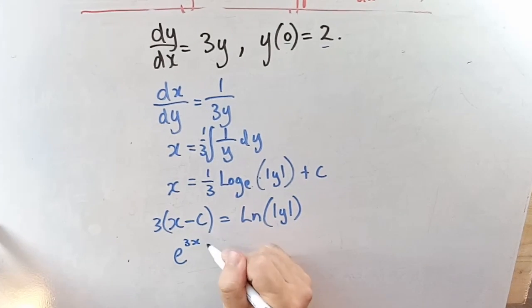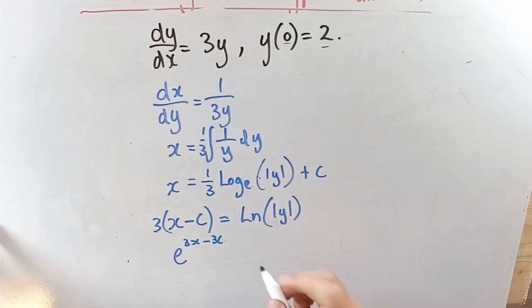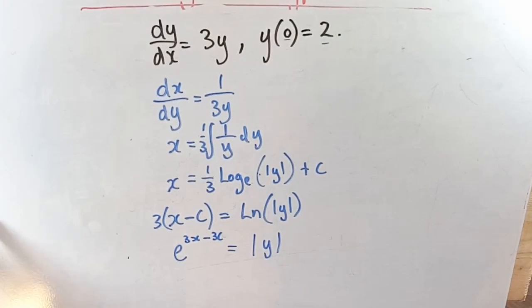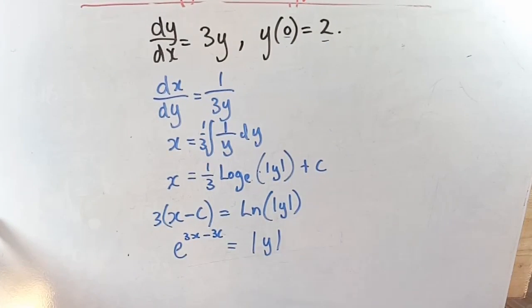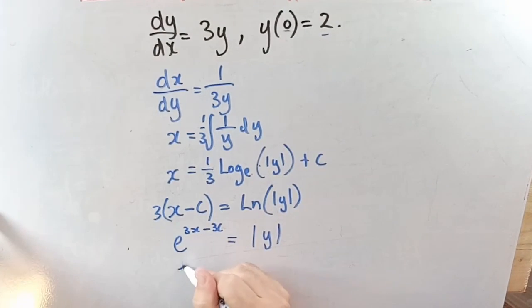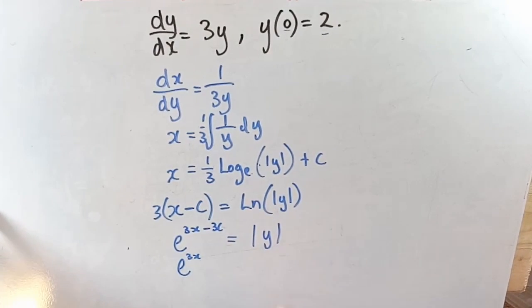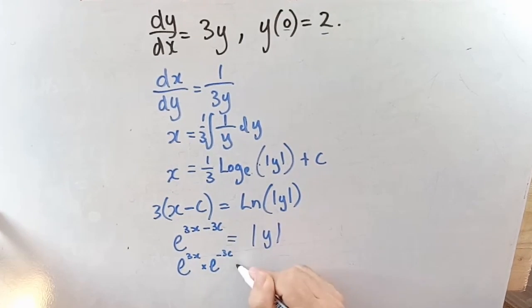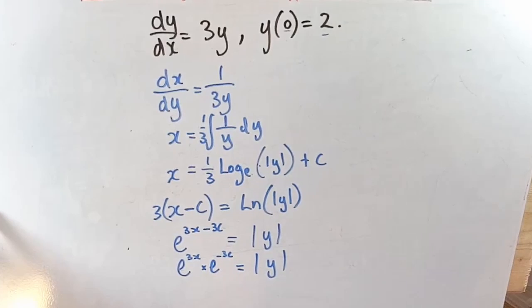So e to the power of 3x minus 3c equals the absolute value of y. Now, this I could split up into e to the 3x times e to the negative 3c like that.